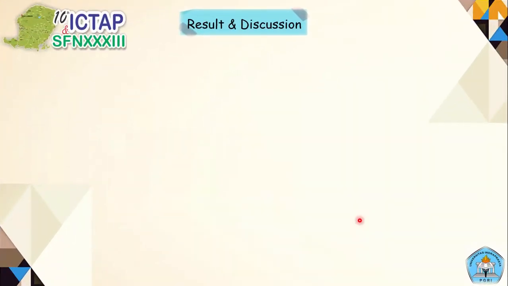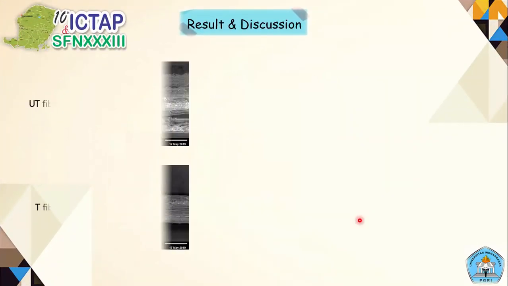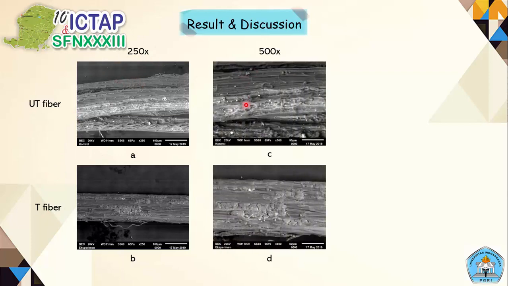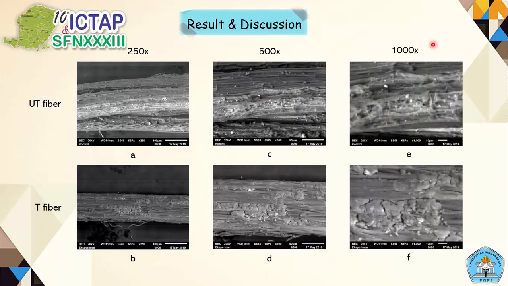Next, result and discussion. The following is an image of the result of characterization using SEM of untreated fiber and treated fiber at magnifications of 250 times, 500 times, and 1000 times. In figures A, C, and E, it was visible that there was less adhesion to the matrix.